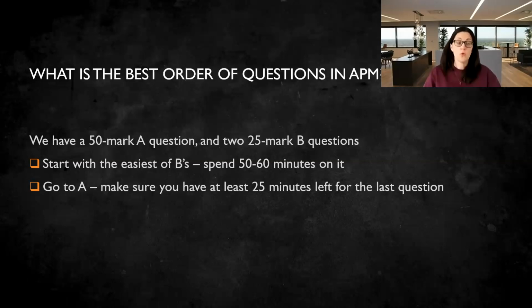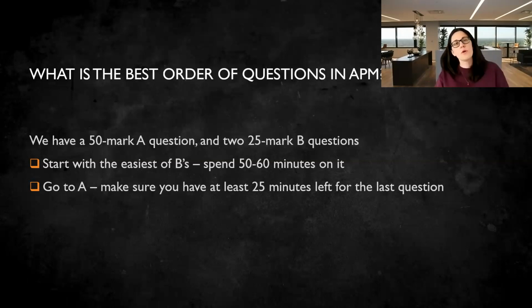Also, when you attempt question A, please make sure that you have at least 25 minutes left for the last question. What does it mean? It means that, well, most likely you will overspend on question A. Almost everybody does. But still, we need to allow ourselves at least 25 minutes. Why?